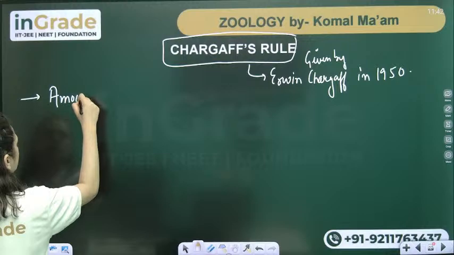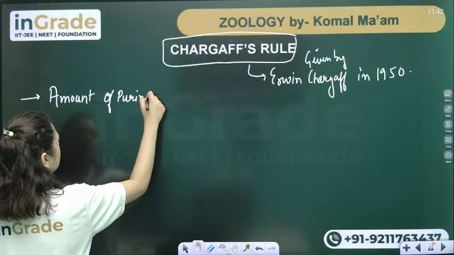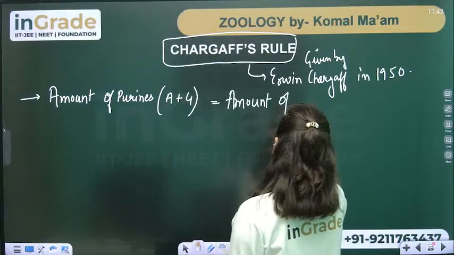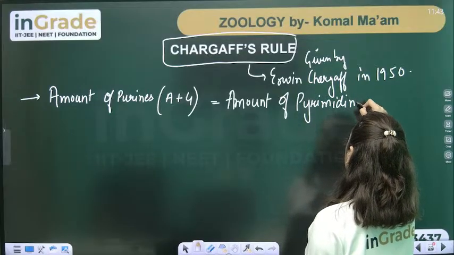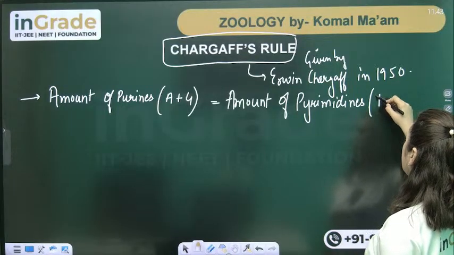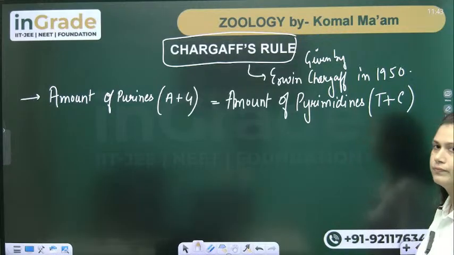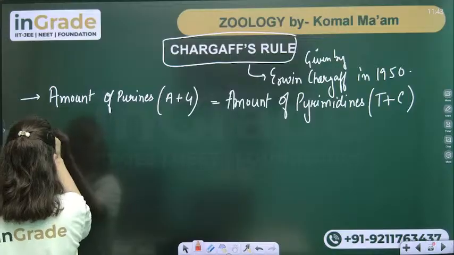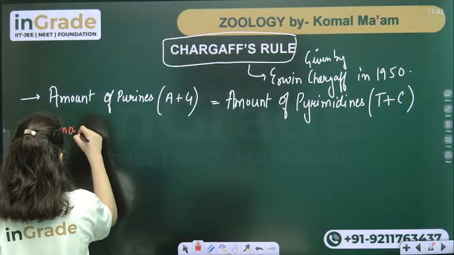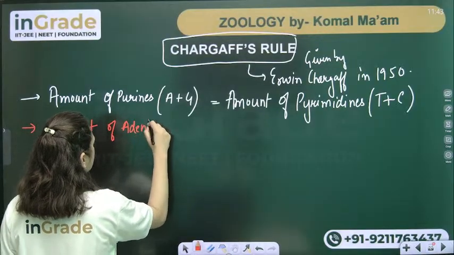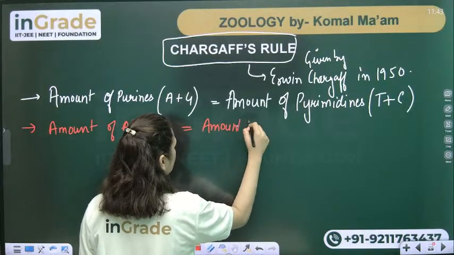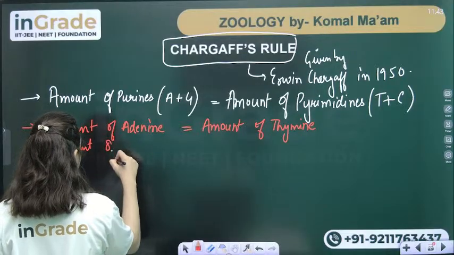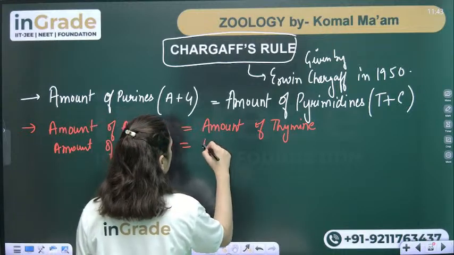The amount of purines, that is A plus G, is equal to the amount of pyrimidines, that is T plus C. Then the next point he told us is that the amount of adenine equals the amount of thymine, and the amount of guanine equals the amount of cytosine.